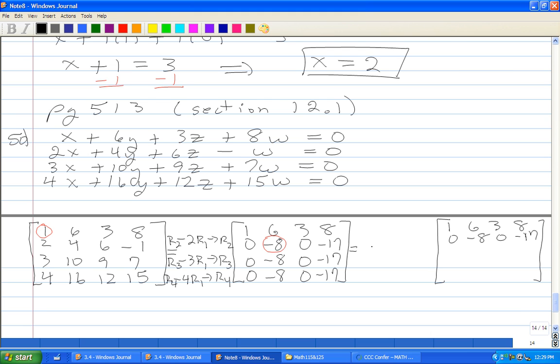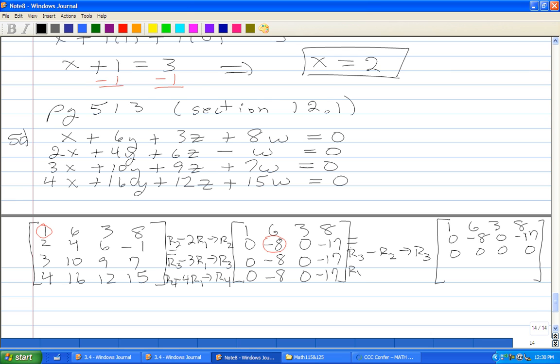And so let's do the third row. That's the second row. The third row: 0 minus 0, 8 minus 8, 0 minus 0, 17 minus 17.